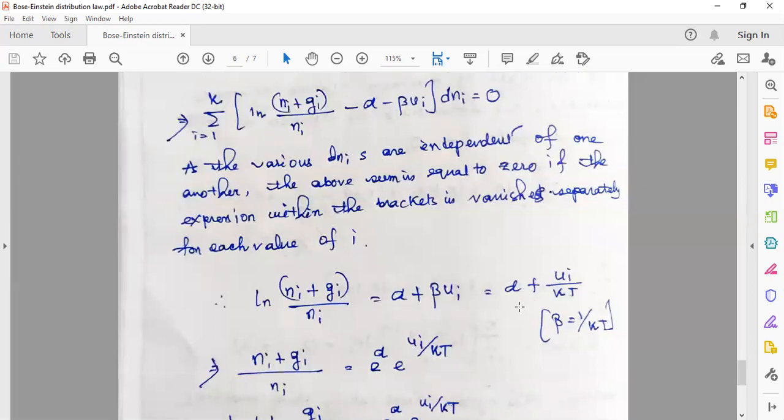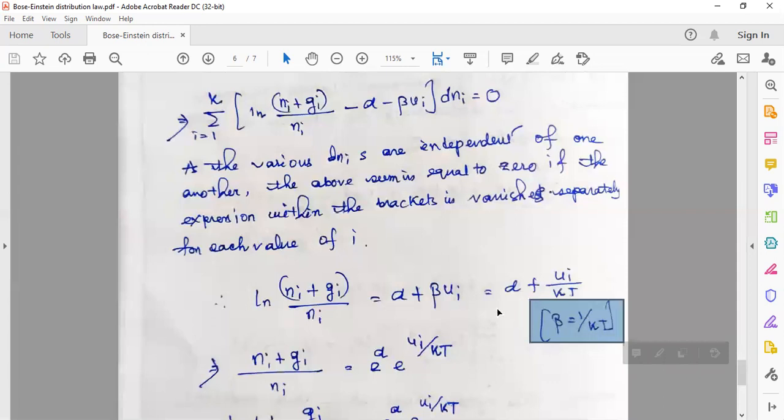Okay, so beta is a quantity which is generally defined as 1 over kT. Okay, so 1 over kT means 1 over Boltzmann constant multiplied by the temperature in the absolute scale. Okay, so you have to remember beta ui, or ui over kT, since beta is this term.